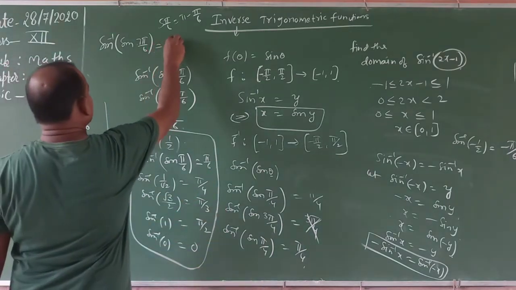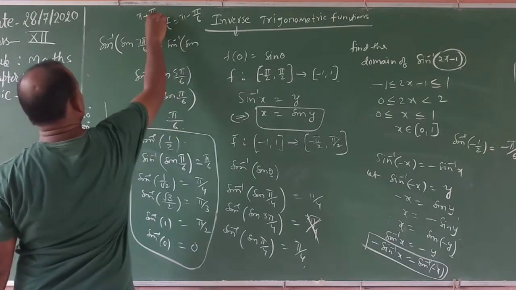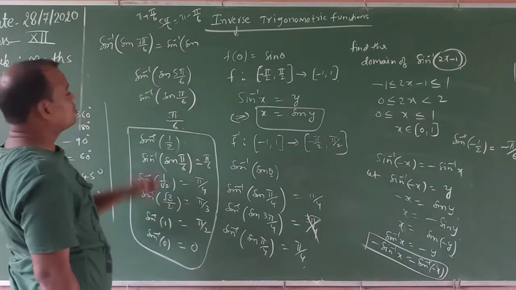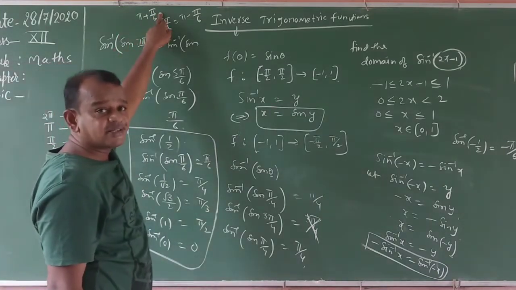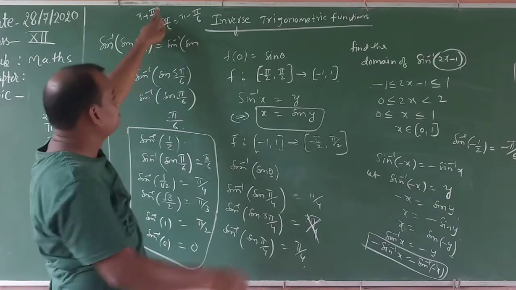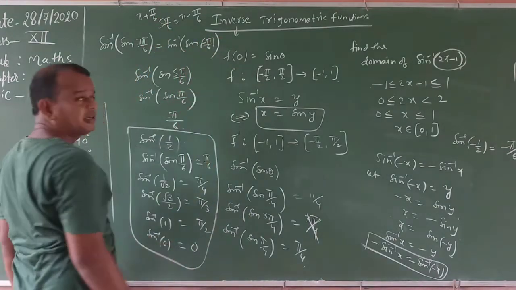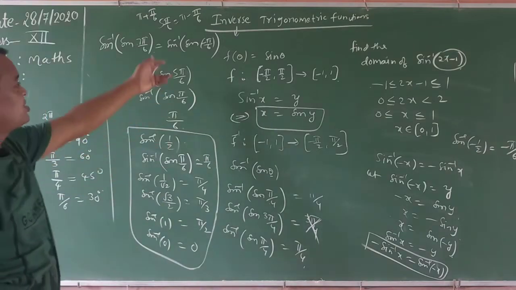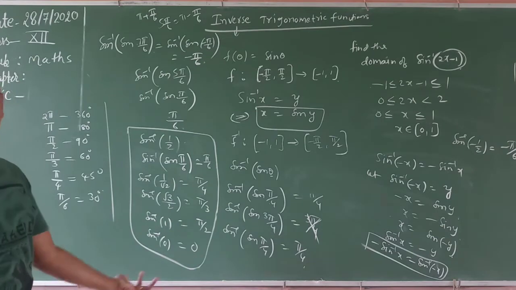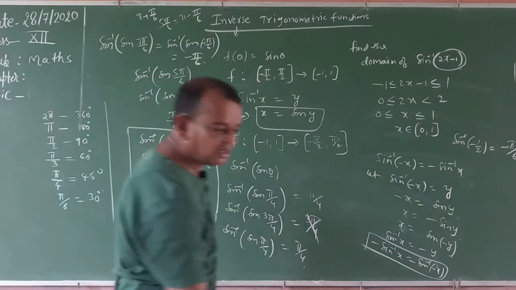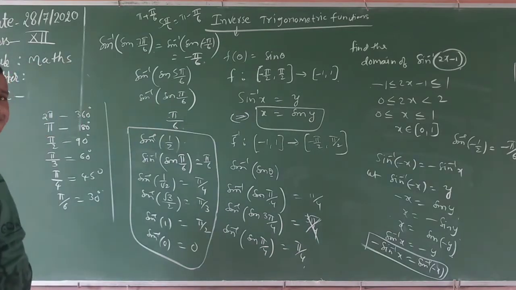That equals sin inverse of sine of pi plus pi by 6, which means 7 pi by 6. 180 plus theta is in the third quadrant, so minus. You write it this way, no problem at all. Sin inverse cancels. What is the answer? Minus pi by 6. Very, very simple. Okay, now this is the sine.